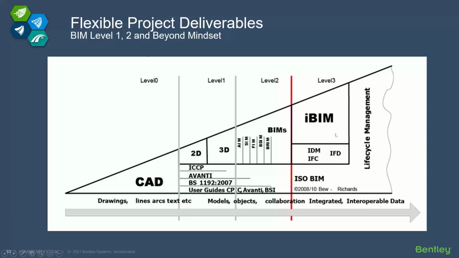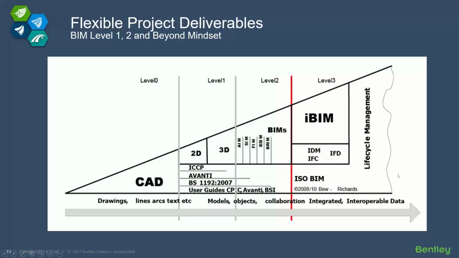Okay, from the very start of the project, you can have BIM level 1 to 2 and beyond types of deliverables. So not just three-dimensional, not just visualization, not just animation.